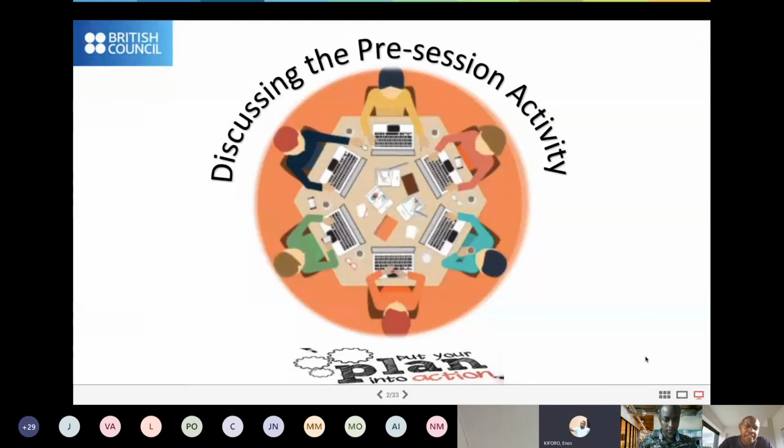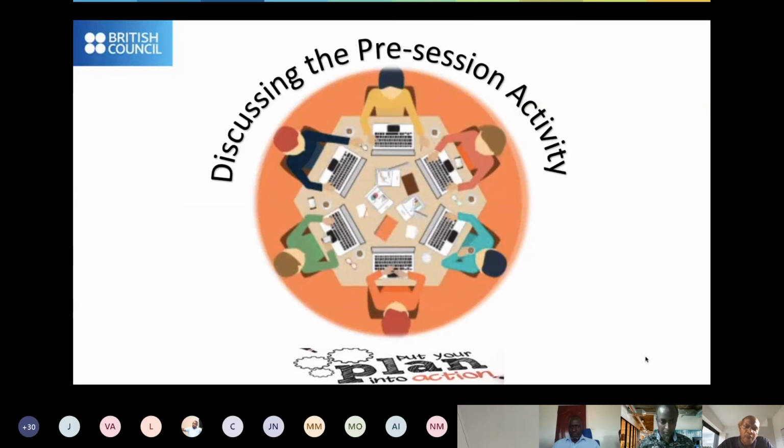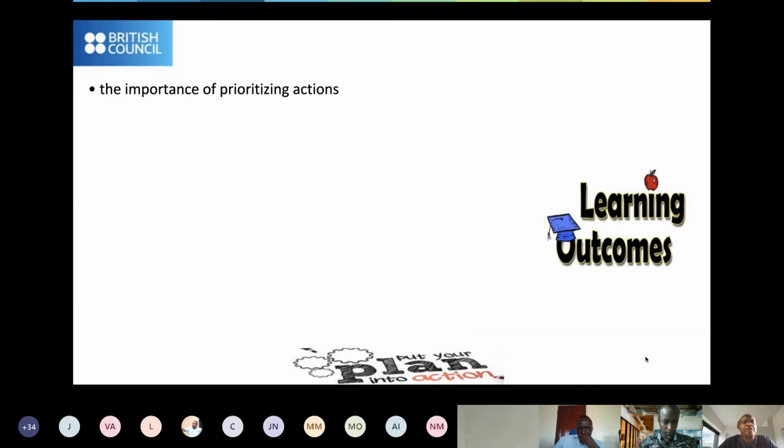So we are here to discuss how we can put our plan into action. The learning outcomes for this session are, first, the importance of prioritizing actions.